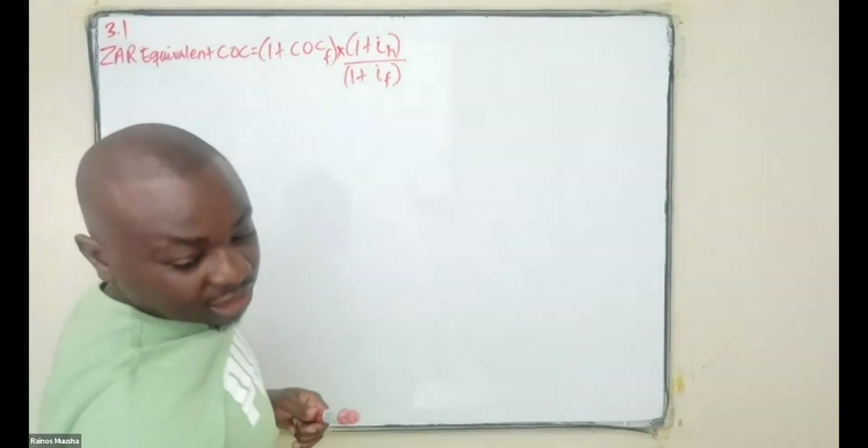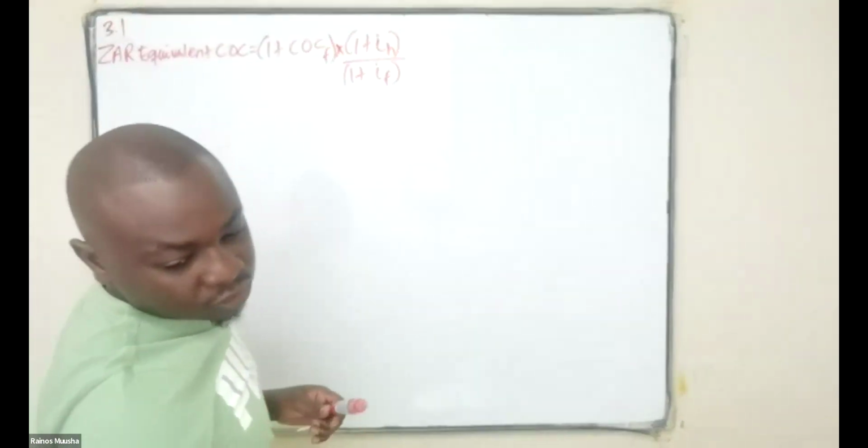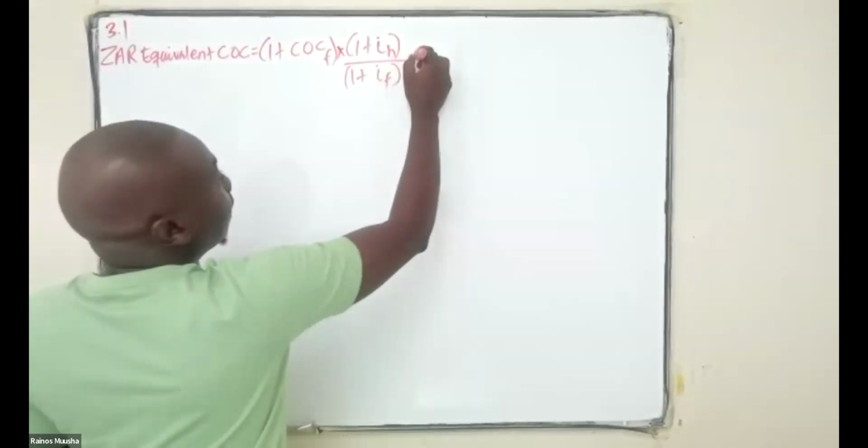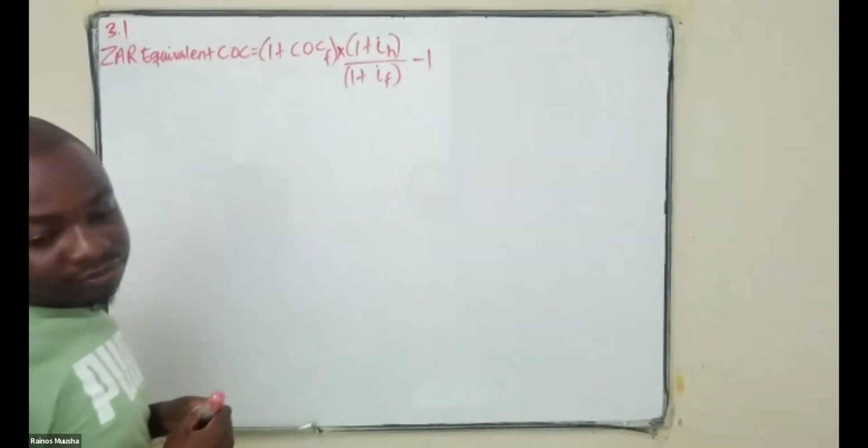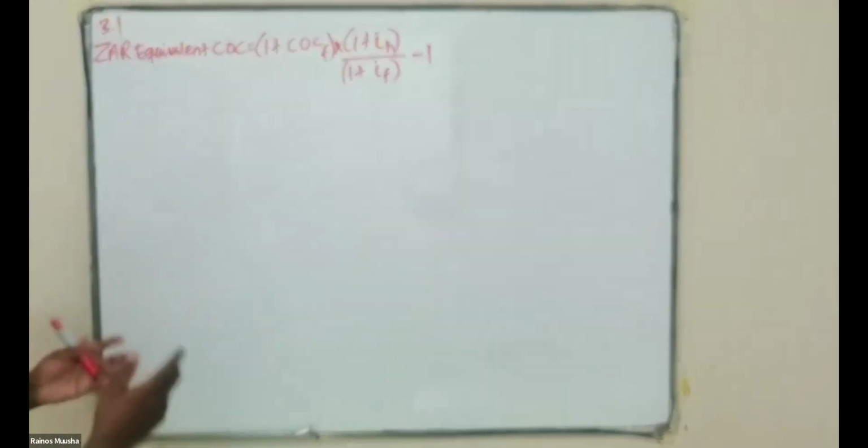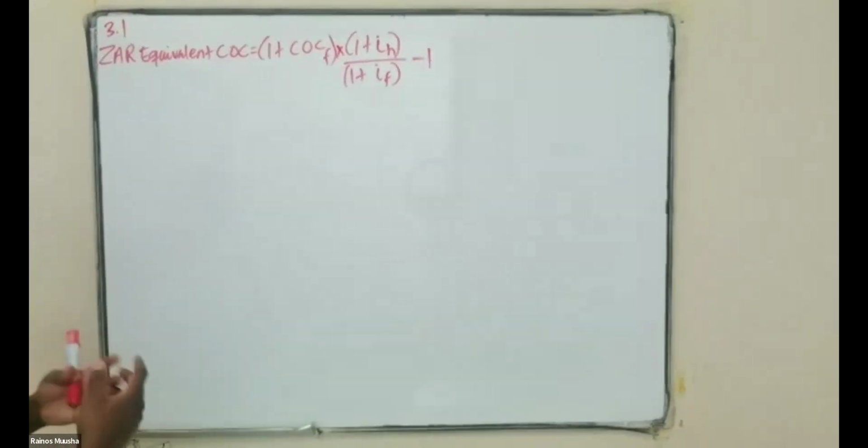Then we say minus 1. So this is how we find the ZAR equivalent cost of capital.